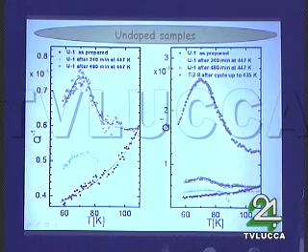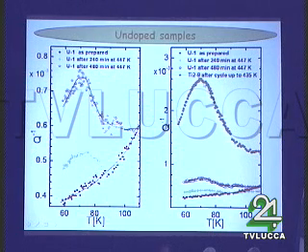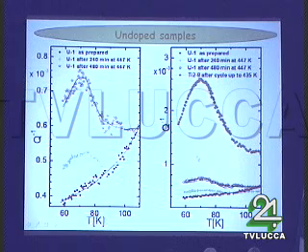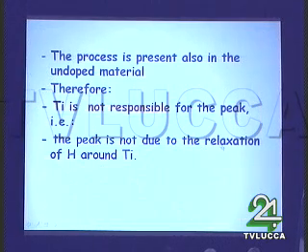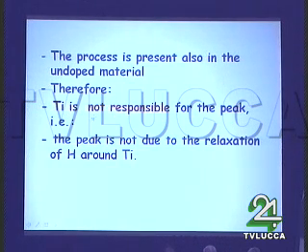The peak is very little in height with respect to the doped alanate, because all the temperatures are shifted to higher temperature in the undoped material. The process is then present also in the undoped material. Therefore, titanium is not responsible for the peak. The peak is not due to the relaxation of H around titanium.